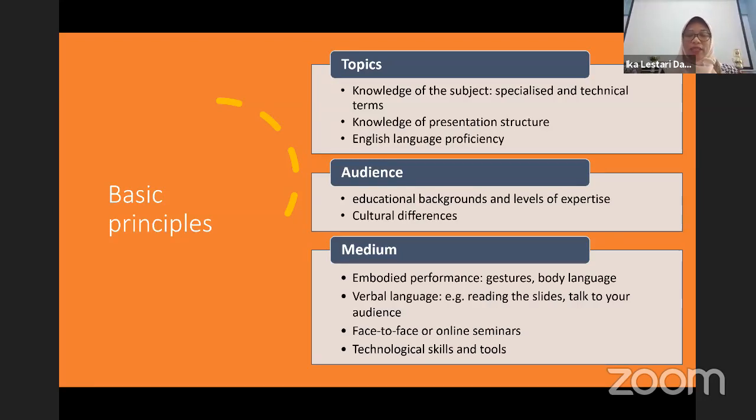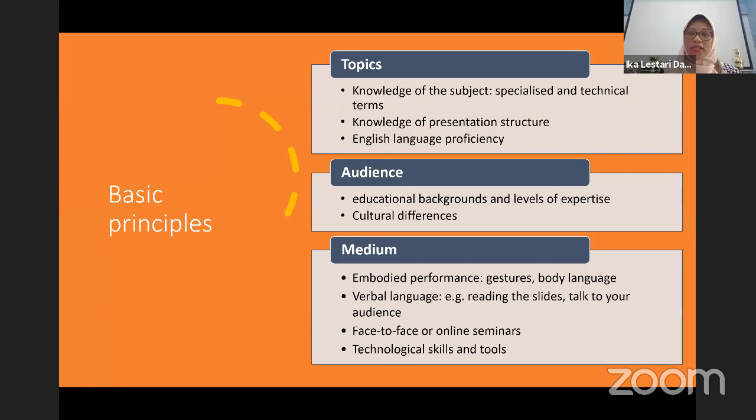If you look at the theories by Halliday again, there are three notions in the context of situation that can affect the choice of language use. First, topics. It's very important for us to understand the topic that we are going to present.